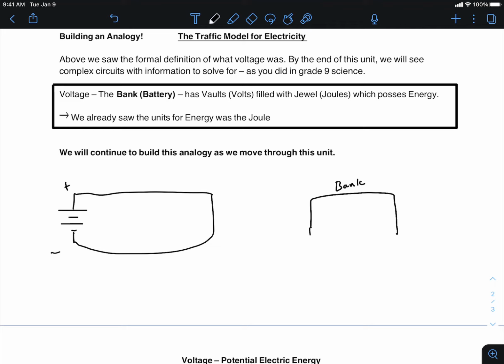Like big cellar doors, where they lock up all the money. Inside the bank, there's the vaults. Inside the vaults is where they keep all the valuables, right? Like jewels, valuables, right? Joules of energy, right?